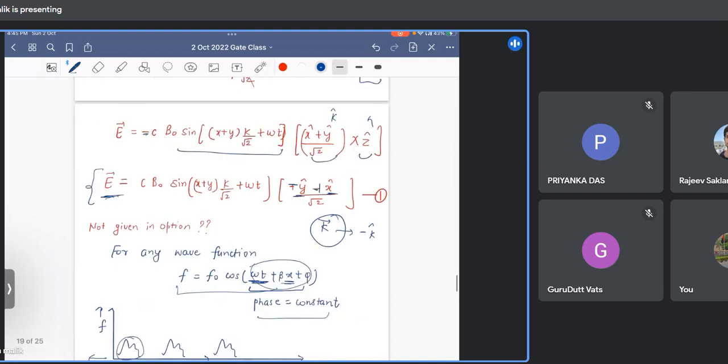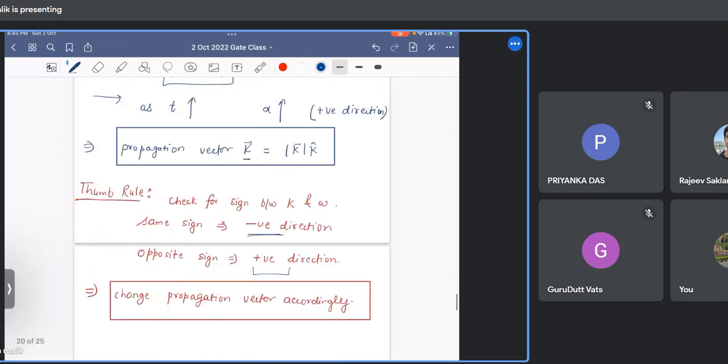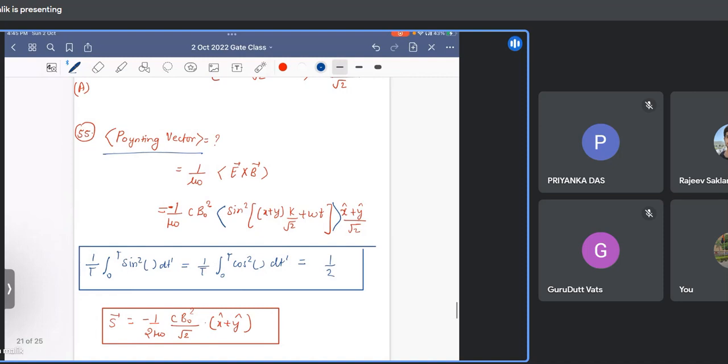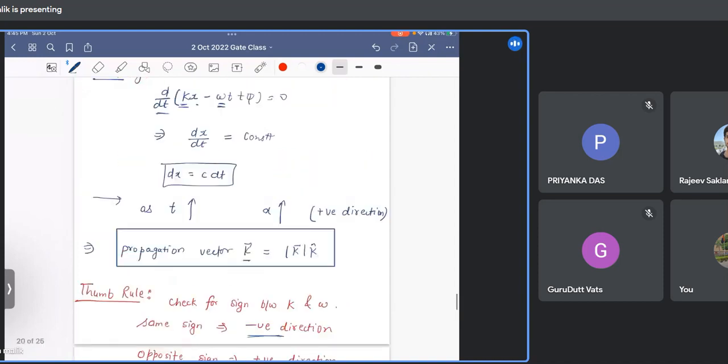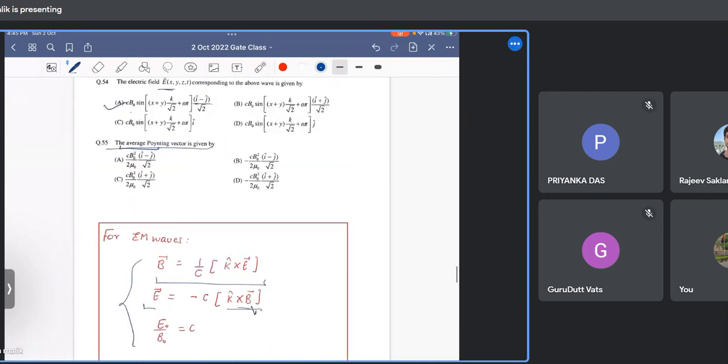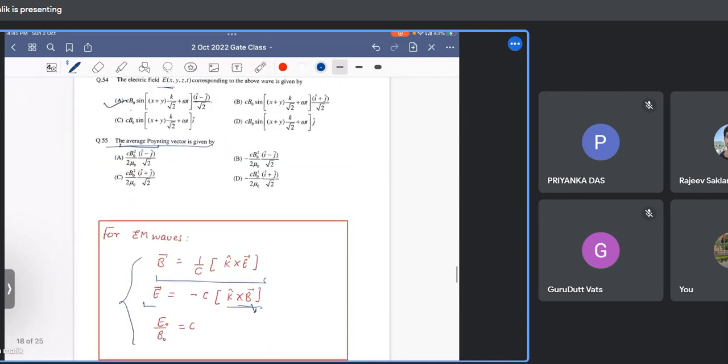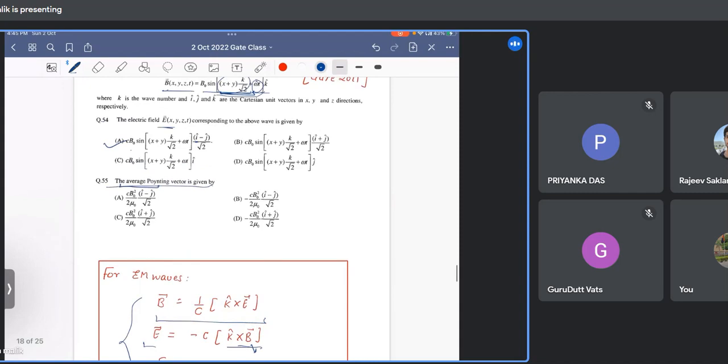So the average value will give a cosine square term. If there is a sine square or cosine square term, this will become half in the average case. So this Poynting vector will become negative of this. So the correct option here is the one with negative x. This D option is correct.